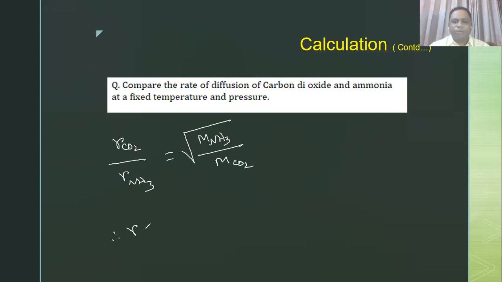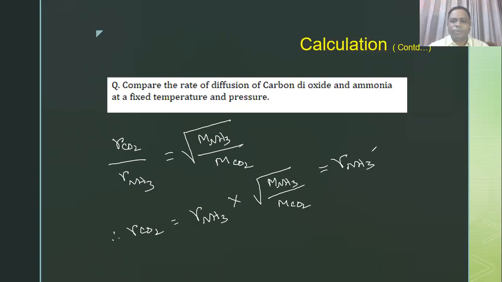Therefore, R carbon dioxide will be R ammonia into root over ammonia divided by carbon dioxide. So R ammonia into root over 17 divided by 44.